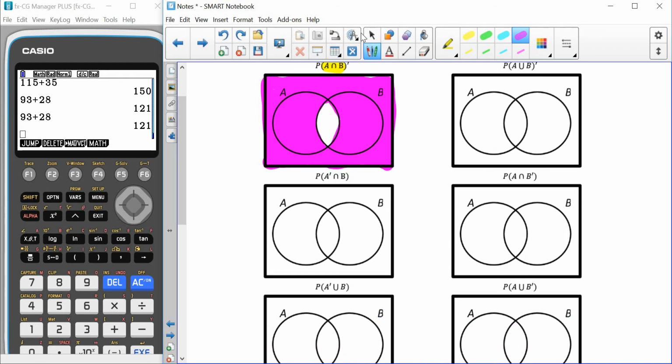For not A and B, so again, don't copy this down straight away. First of all, we're looking at not A, which I'm going to do in yellow.